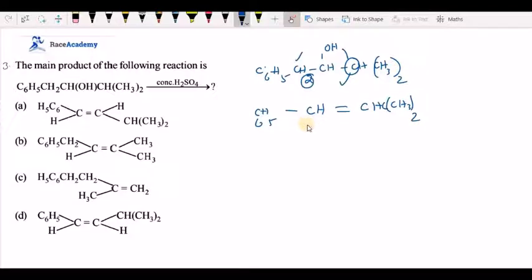This compound can have two types of stereoisomers, cis and trans. You can write C6H5, this is H, double bond C, this is H, this is CH3. H is also there with this.